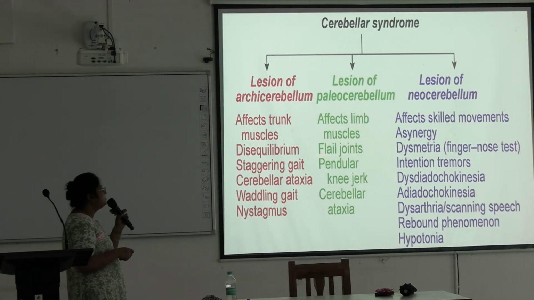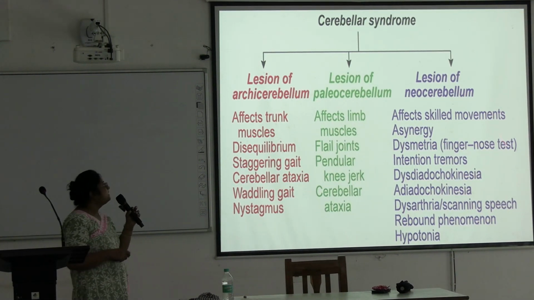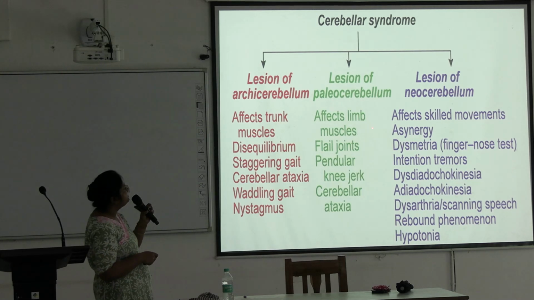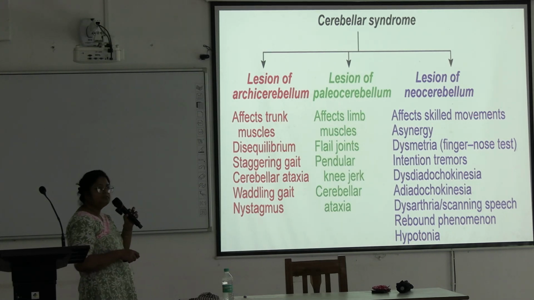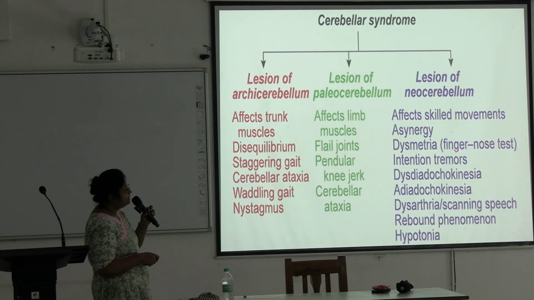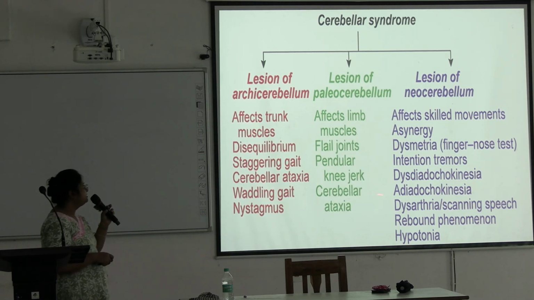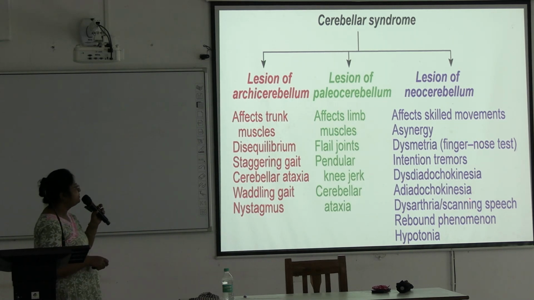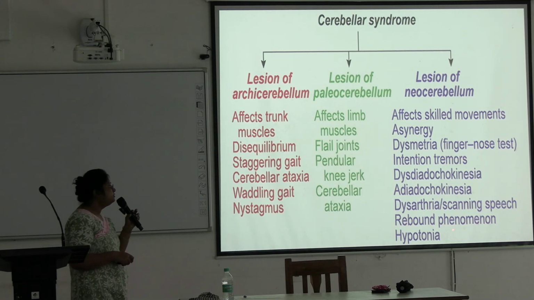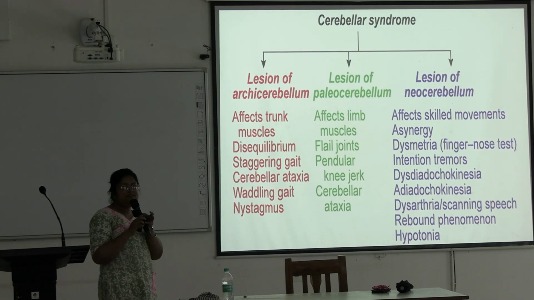There will be flail joints, pendular knee jerk, cerebellar ataxia. And lesions of the neocerebellum affect skilled movements. There will be asynergy, smooth movement is lost, dysmetria, finger nose test, intention tremor, dysdiadochokinesia, adiadochokinesia, and dysarthria or scanning speech, rebound phenomenon, hypotonia. All these are symptoms of cerebellar syndrome.